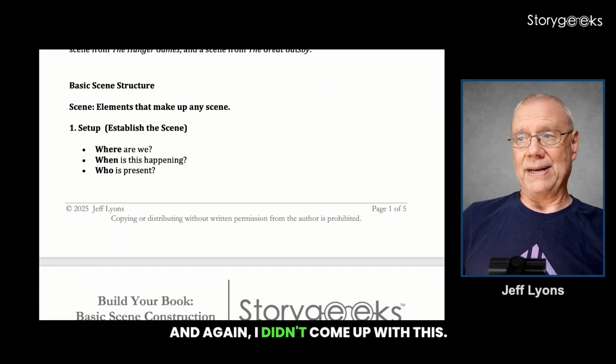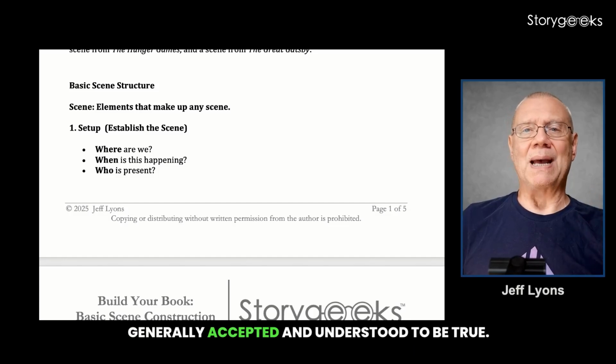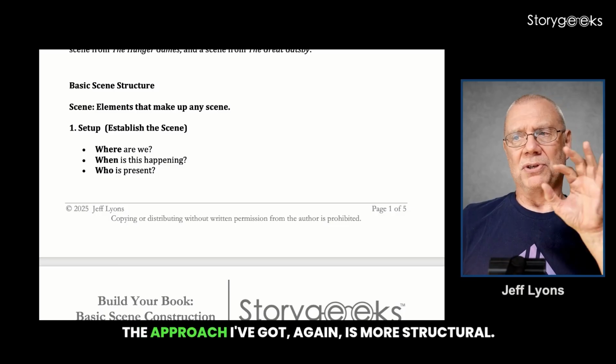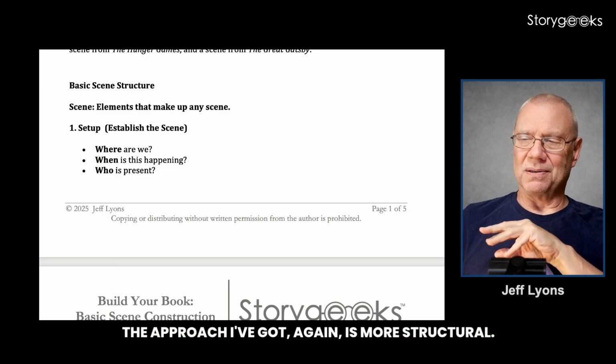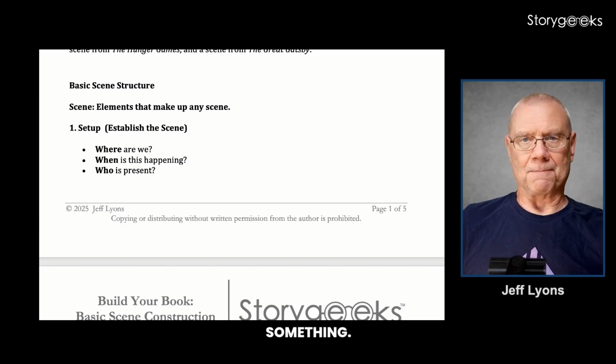And again, I didn't come up with this. This is just best practice that's out there in the creative writing universe that is more or less generally accepted and understood to be true. Okay. The approach I've got, again, is more structural. So it's a little more practical from a hands-on delivery standpoint of you trying to create something.